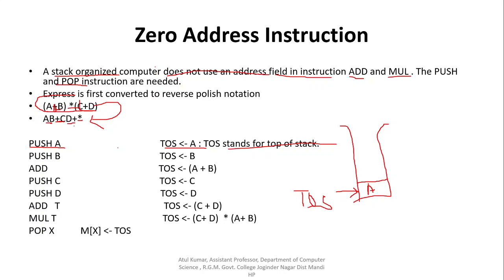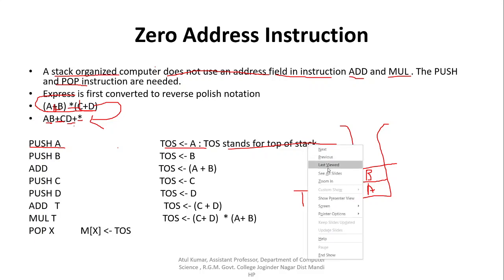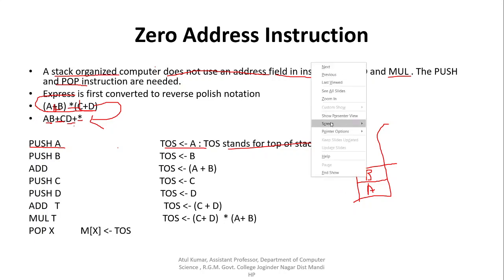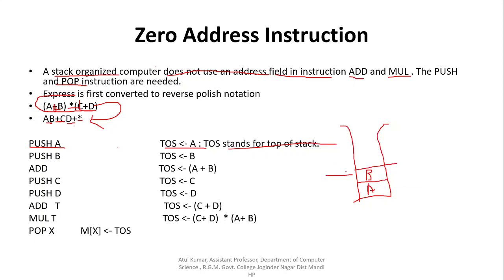Next, push B. Now we will push B, then B is inserted in the stack, and now the top of the stack is pointing to B. So the top of the stack now points to B. Next operation is add.